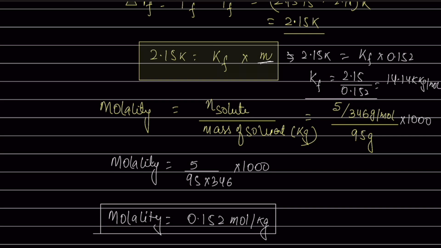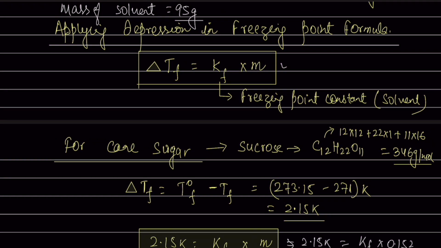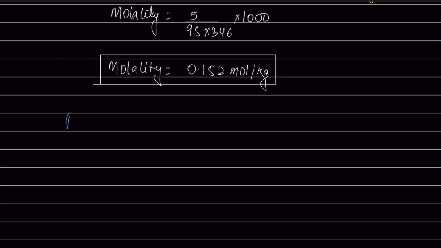Now we have the Kf value and we have to find the freezing point of the glucose. We use the same formula again, but now we already know the value of Kf. We can find the molality and then find the delta Tf. So for glucose, Kf we got just now, 14.14 Kelvin kg per mole.